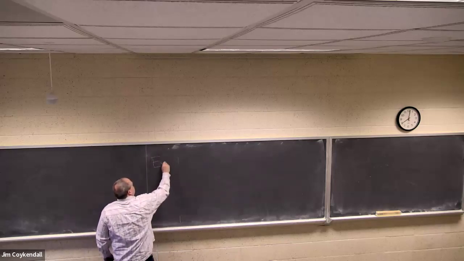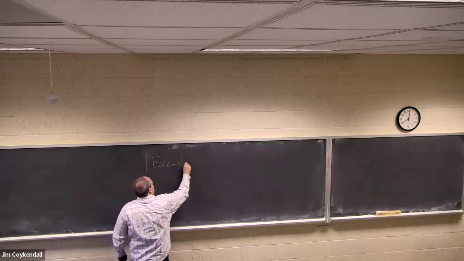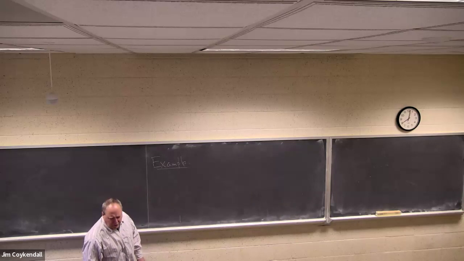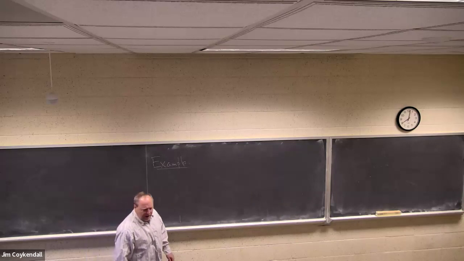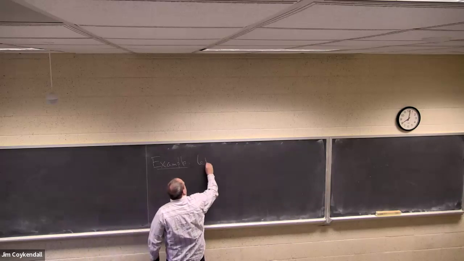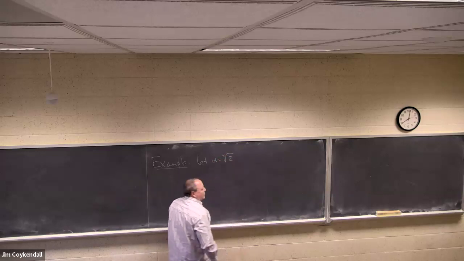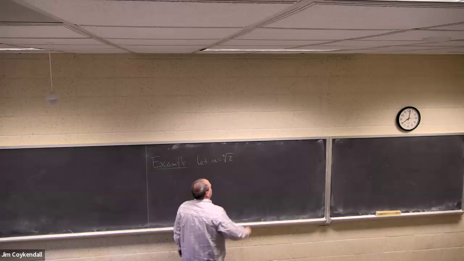Okay, so let me start with an example today, kind of illustrate some of the stuff we've been talking about. I'm going to use this. Actually, I want to take a closer look at this example later. So that will be the real cube root of 2.